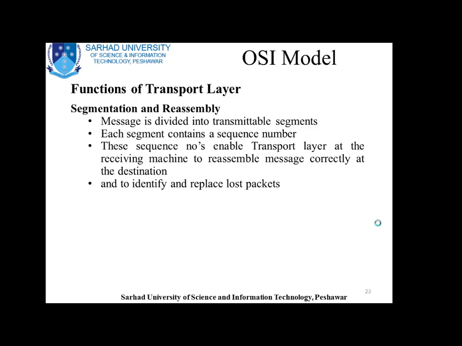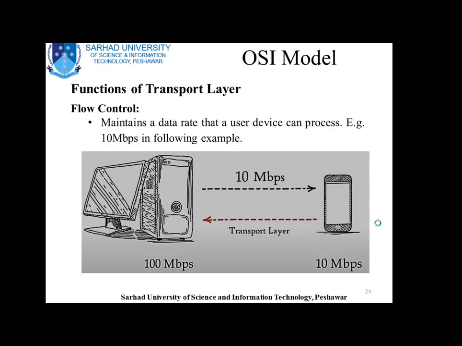So to reduce the probability of corruption and losses, it is highly recommended to divide your message into small segments, and at the receiving end, the divided message is reassembled. The division of a message is known as segmentation, and after reception, the reassembly is done at the receiving end. This is all done by the transport layer.